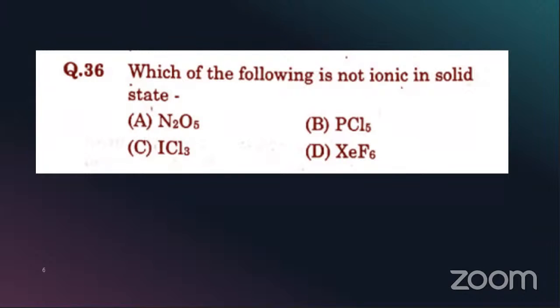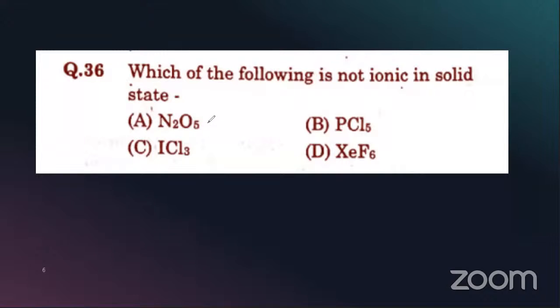A hint that I could give you is to recognize the ions that are present in all of them. Second is what? B, PCl5. Yes. Why? PCl5 makes a covalent bond. Actually, the basic recognition is to identify the ions among them.